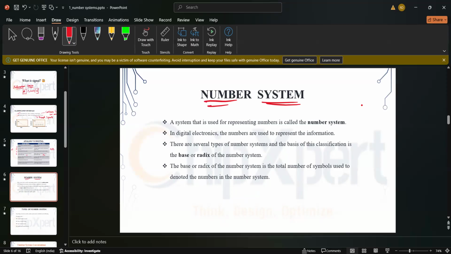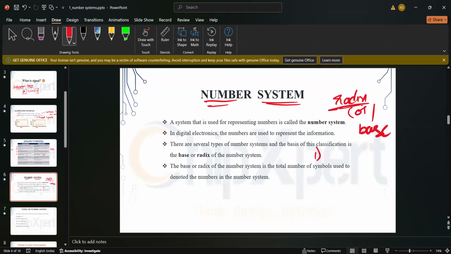We classify those number systems based on the radix, that is, the base. Based on the radix or base, we classify our number systems, and mostly they are classified into four types.